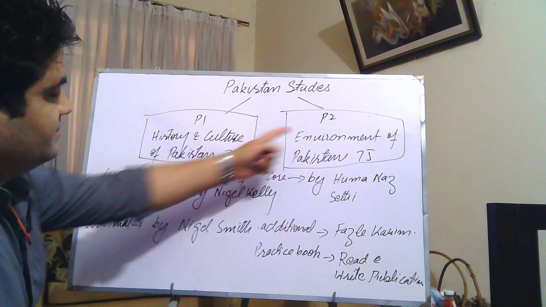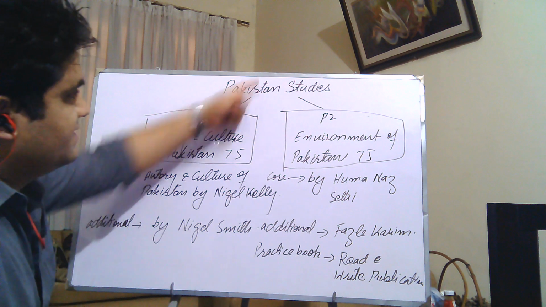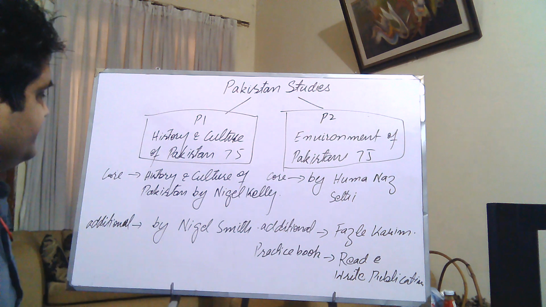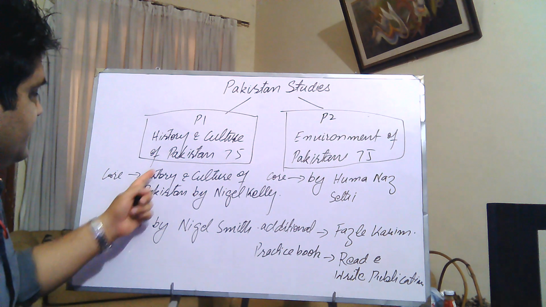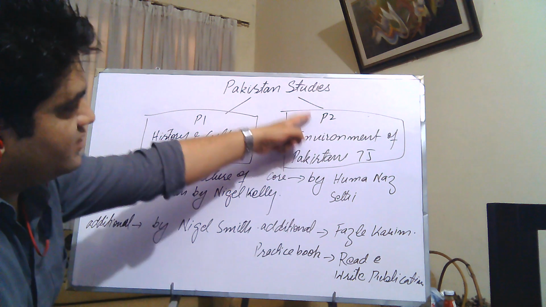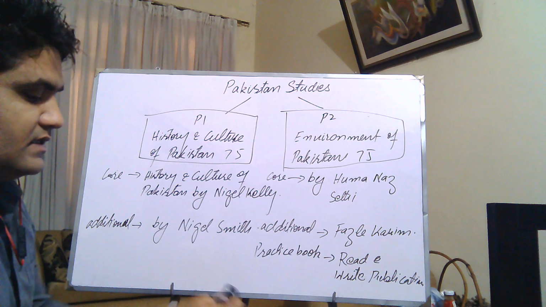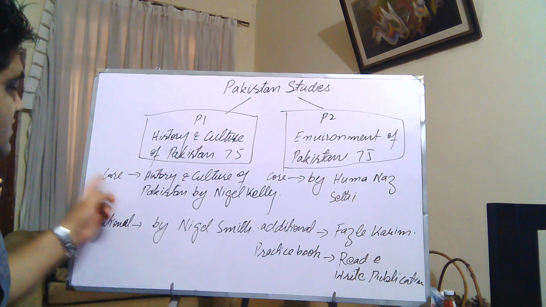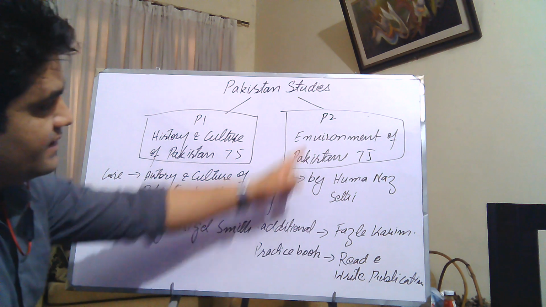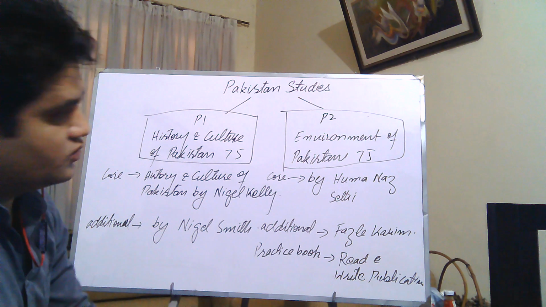Both of them are two components of Pakistan Studies. For paper 1 you need these 2 books, and for paper 2 you need these 3 books. As a beginner you need just the core books, and for paper 2 a practice book as well.